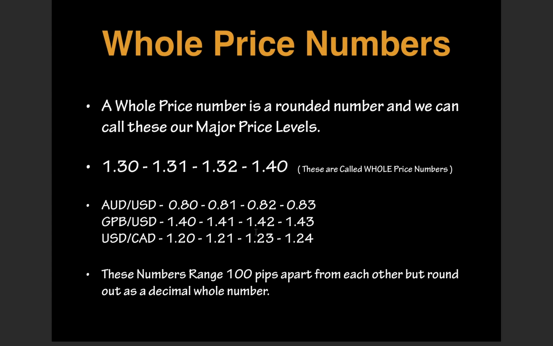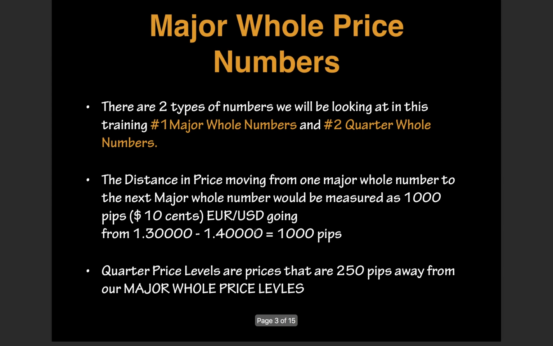What I want to lay down in this video is talking about major whole price numbers, and then work forward. A major whole price number is 1,000 pips distance apart from another major whole number. That's like going from 1.30000, a whole number itself, to another whole number, 1.31000.